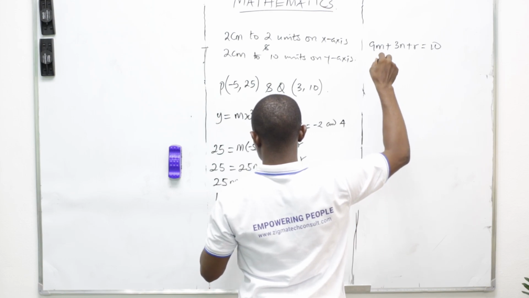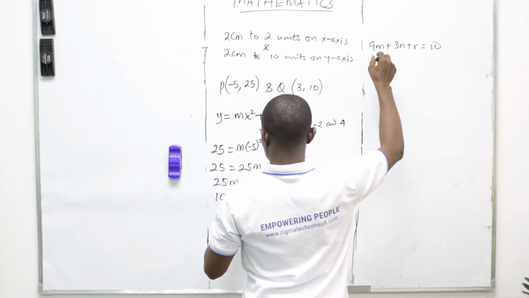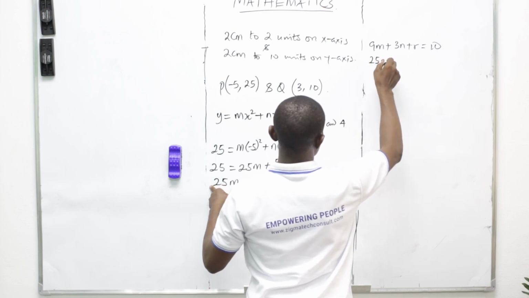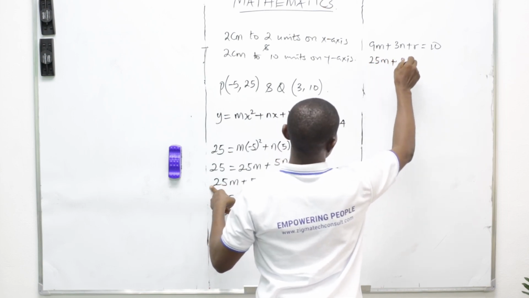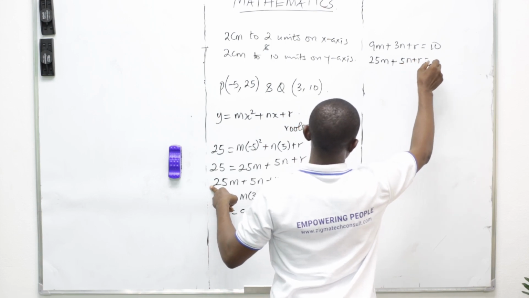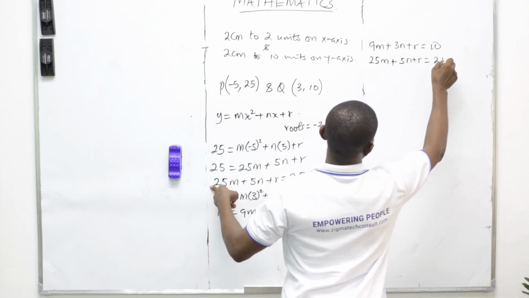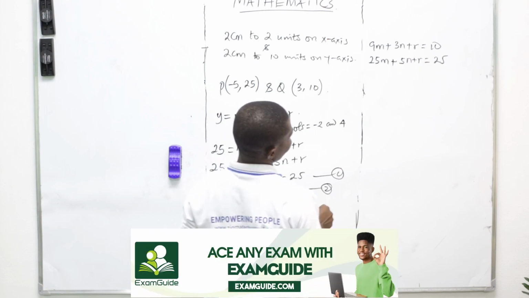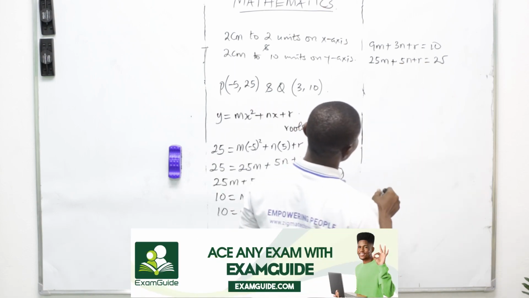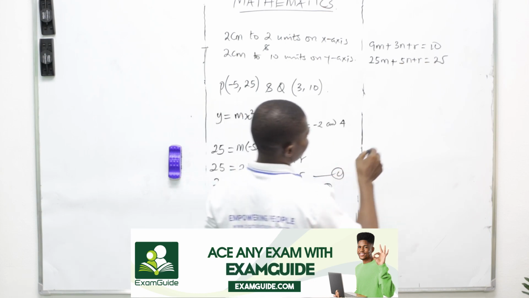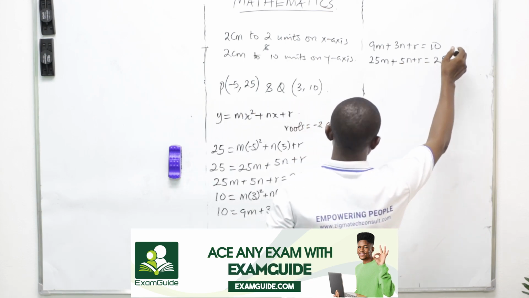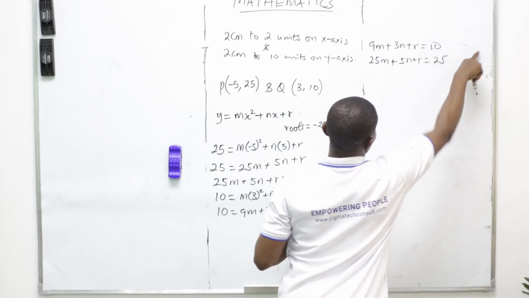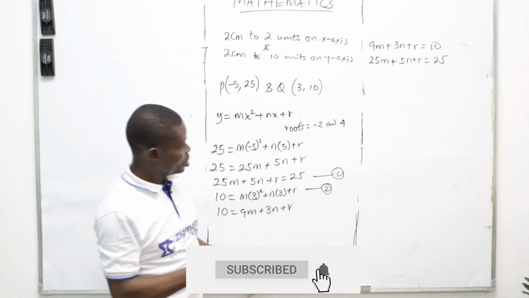Here also 25m minus 5n plus r equals 25. Call them just equation 1 and 2.